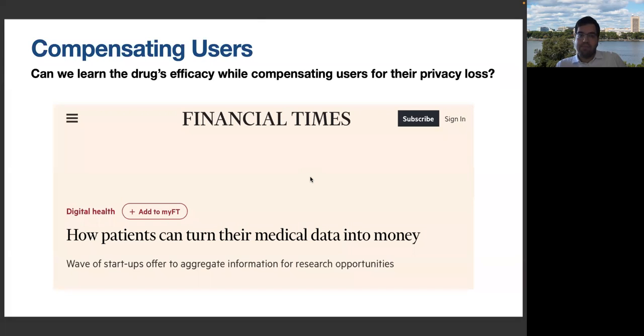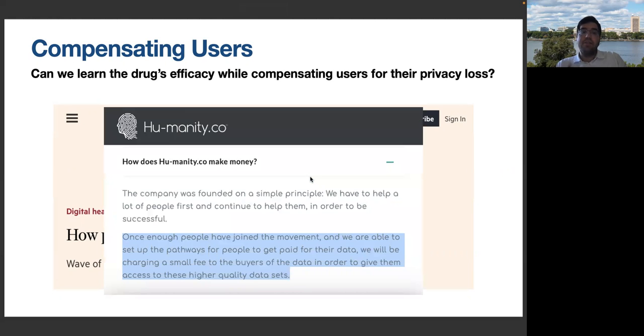And actually, this article on Financial Times talks about paying patients in exchange for their medical data. This article introduces a company, Humanity, which is aiming for charging pharma companies for the medical data that they receive and pay back to users that own those data.